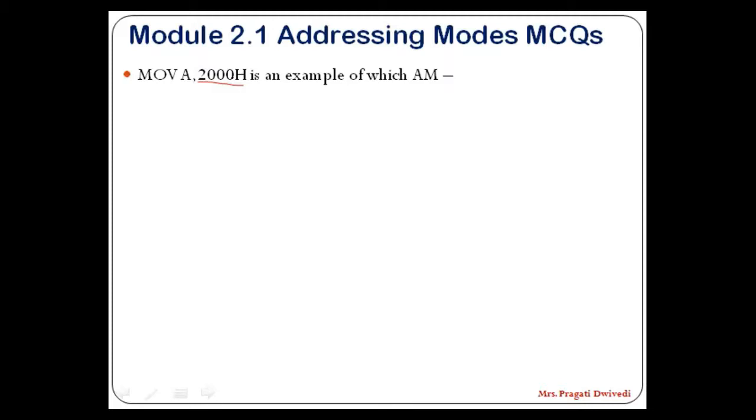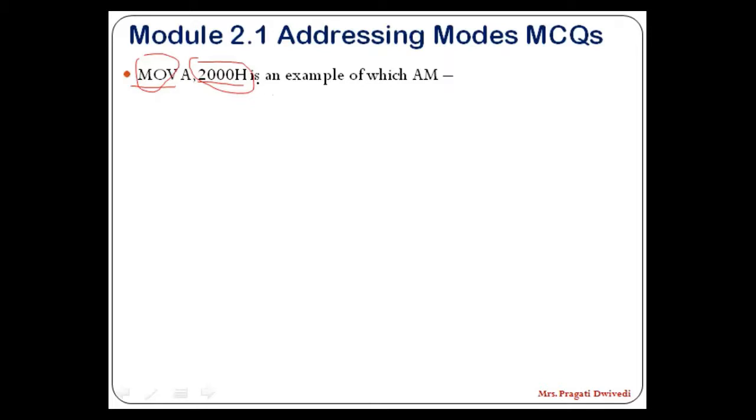But MOV is used with internal RAM. MOVC is used with code memory, and MOVX for external data memory. So MOV with some address means it is going to point towards your internal RAM. You are accessing your internal RAM, and the address of internal RAM is 8-bit.